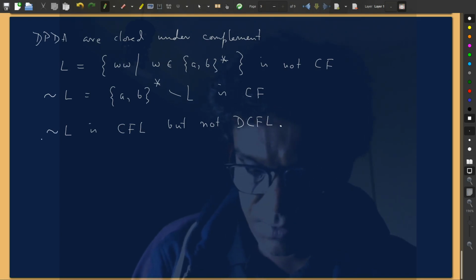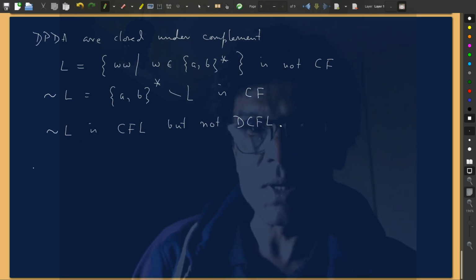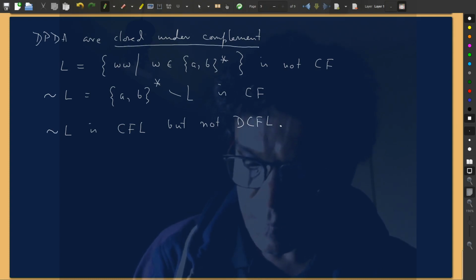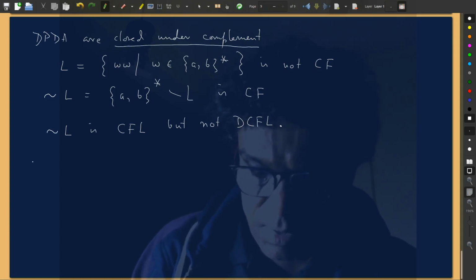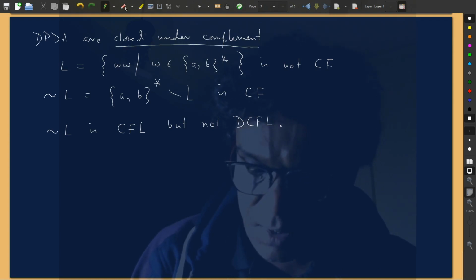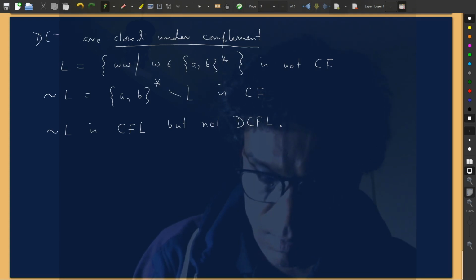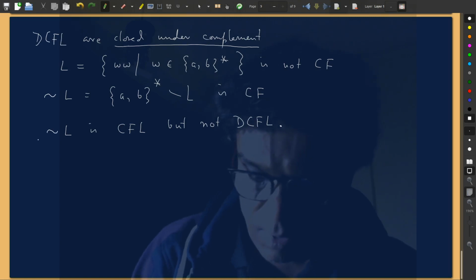There are some other interesting properties. Maybe I will just overshoot a little bit. So there are other properties. So they are closed under complementation, but DPDA is not closed essentially. I should better write DCFL are closed. Okay.